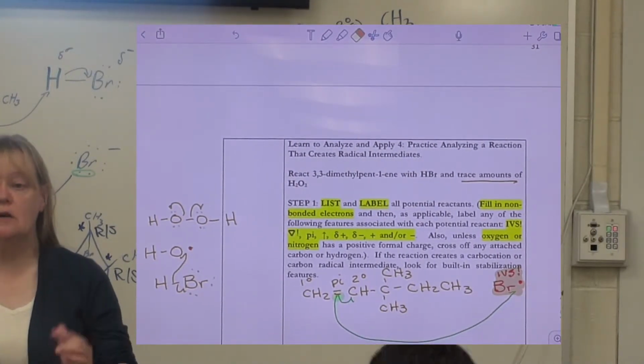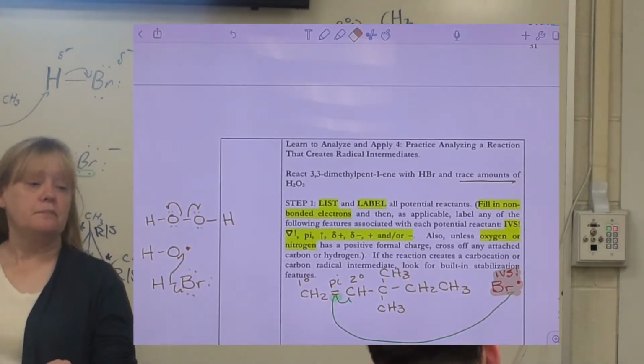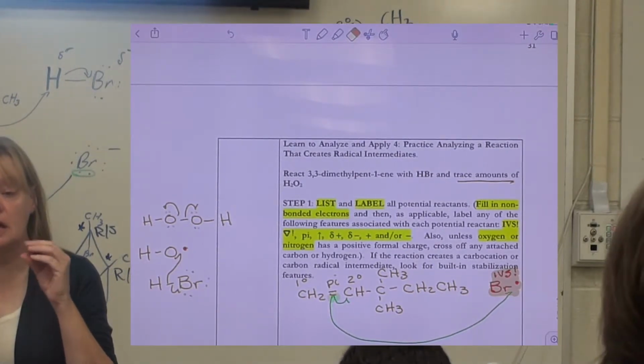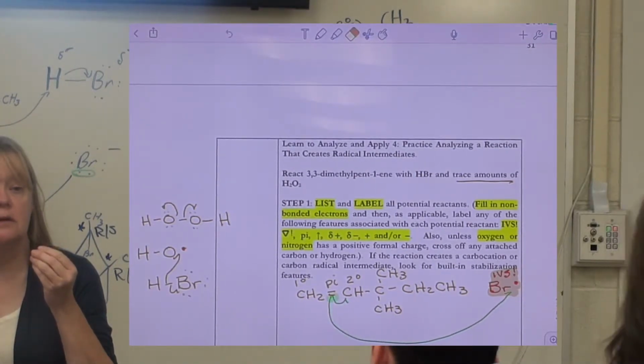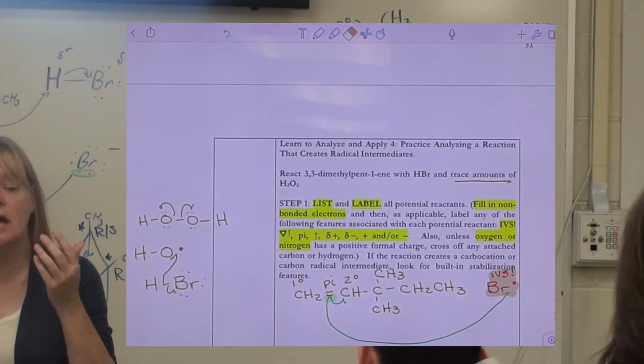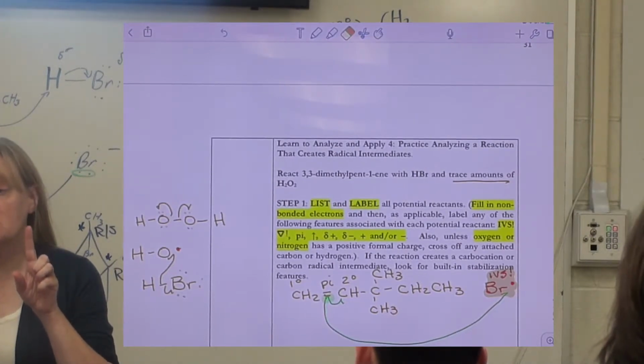So off to the side here, I've got peroxide drawn out. Remember, we talked in chapter 5 about how peroxide is sold in brown bottles in the pharmacy because it's very sensitive to anything like light. And that's because the oxygen-oxygen bond is very weak and it breaks very easily.